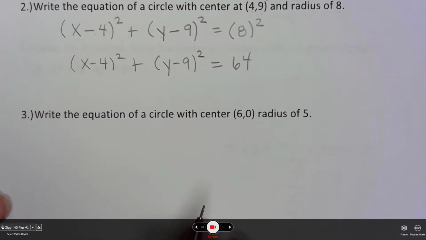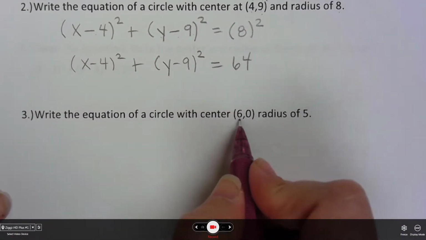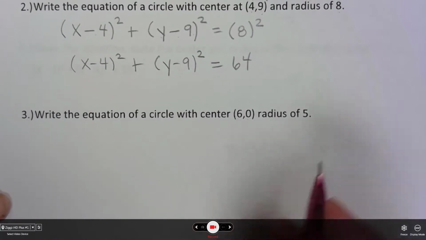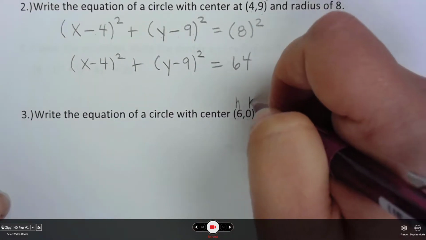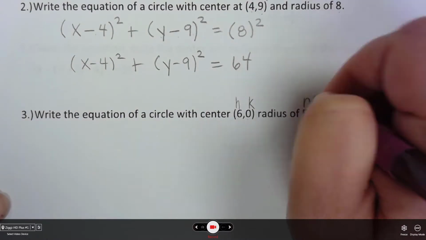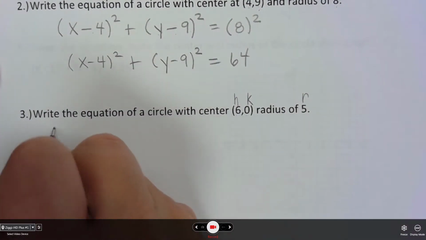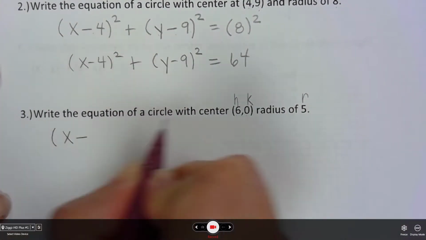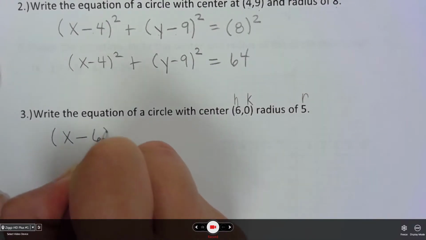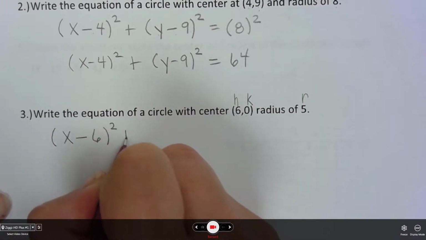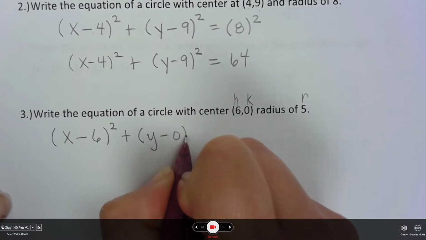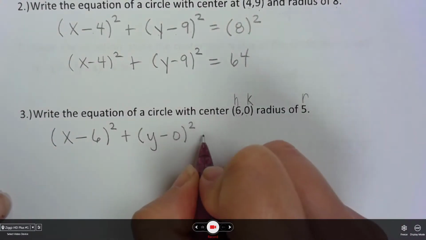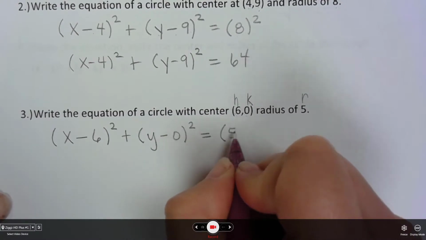Looking at number 3, write the equation with the center at 6, 0, and a radius of 5. The x coordinate is my h, the y coordinate is my k, and 5 is my radius. When I plug that in, I'll have x minus 6, whole quantity squared, plus y minus 0, entire quantity squared, equals the radius squared.